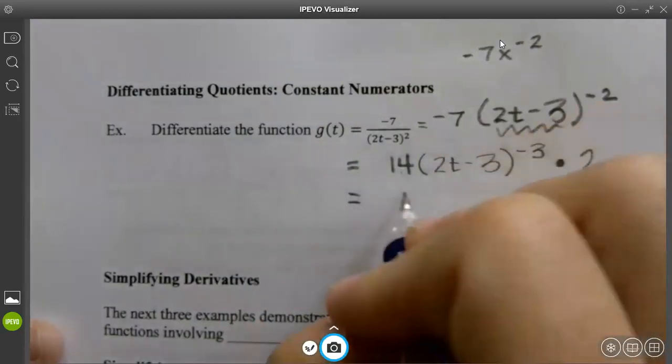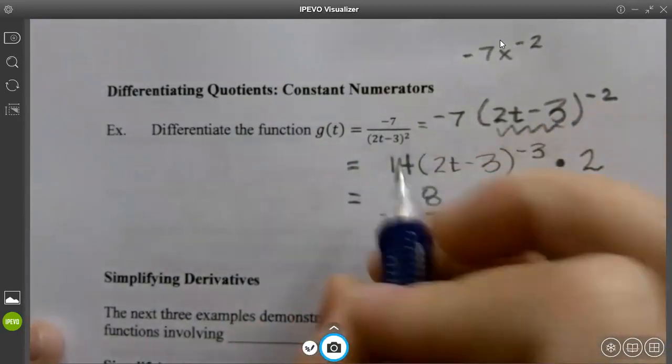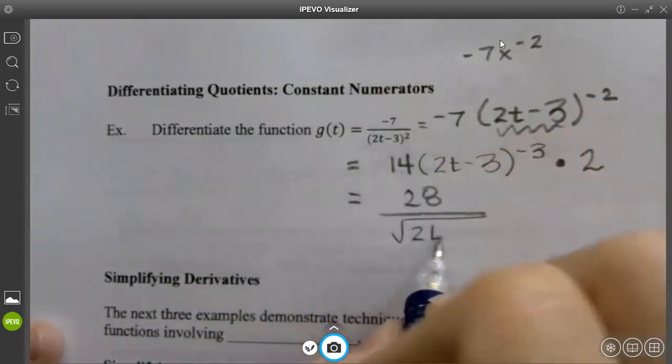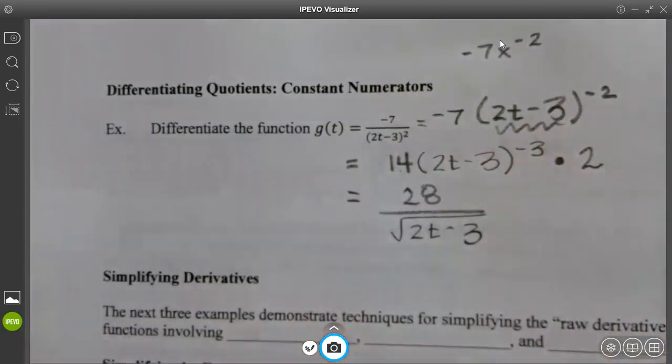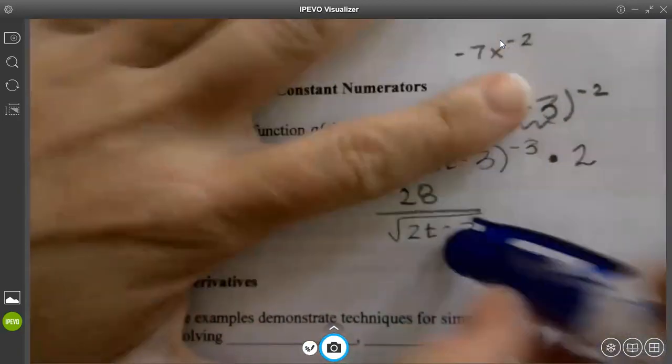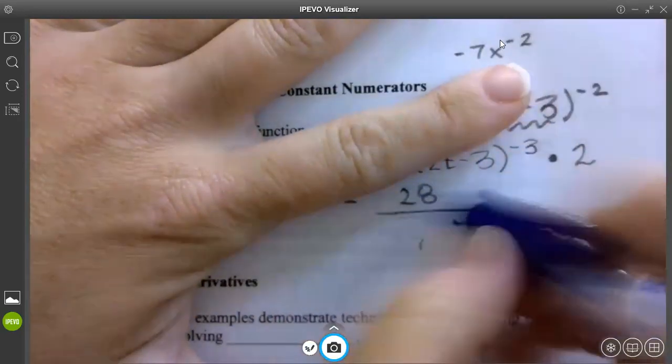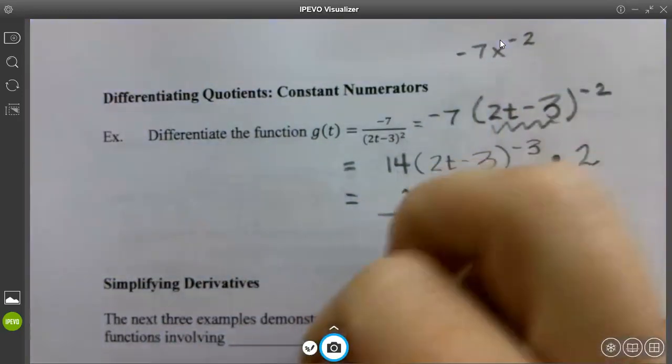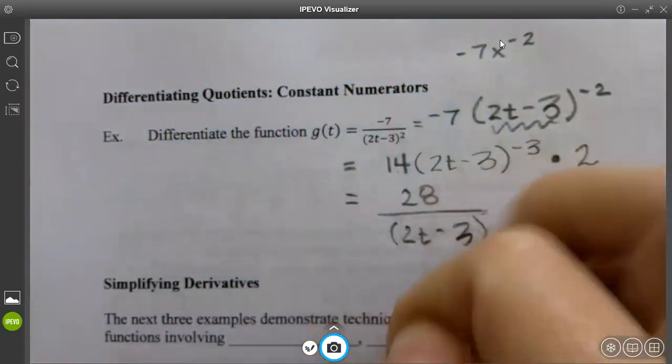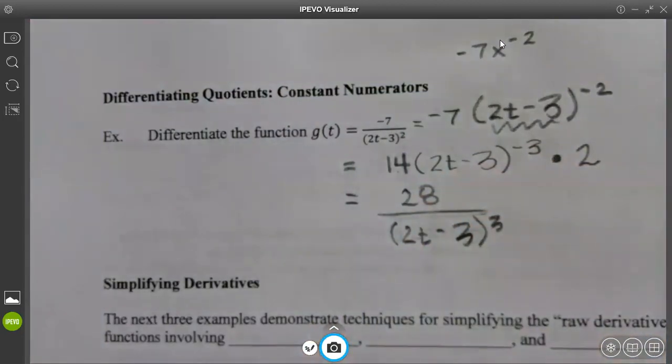Fourteen times 2 is 28, over 2t minus 3 cubed. Not cube root, cube. Sorry, happy Monday. Any questions? So again, we're only doing one extra step, taking the derivative of the inside.